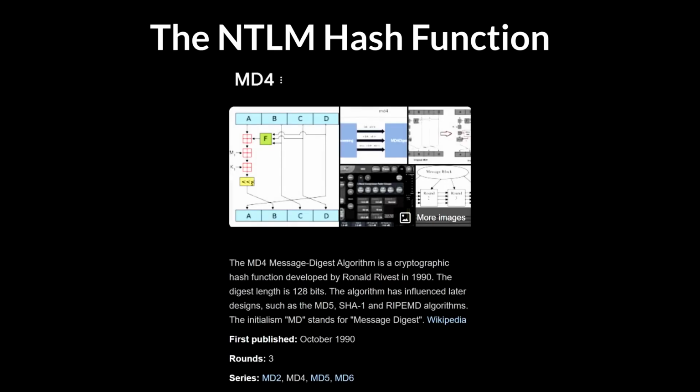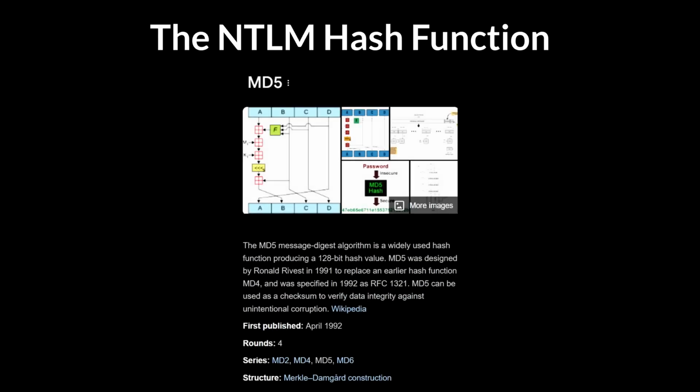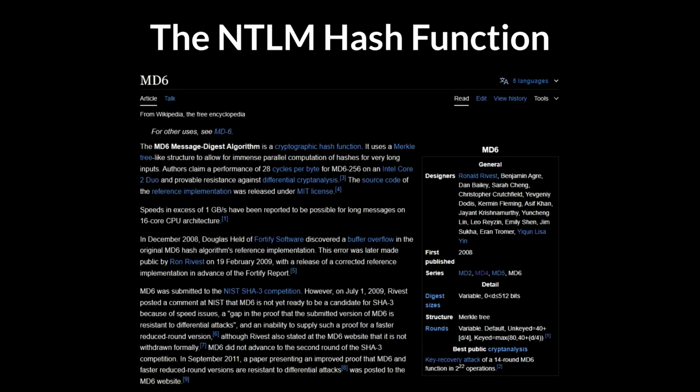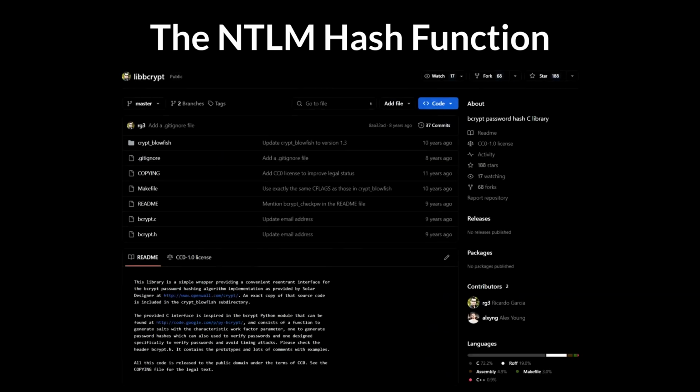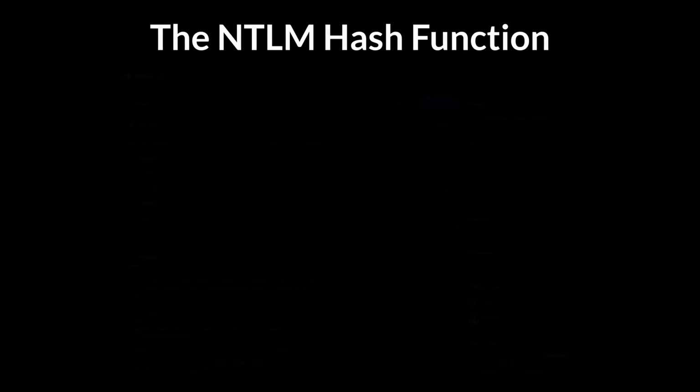This sucks. The hashing algorithm has not been updated since the 1990s. Have some respect, at least use MD5 or MD6 if you're feeling quirky. Or even better, just use modern alternatives like bcrypt. Run 12 rounds of that puppy and you're good to go. Nobody at Microsoft cares though.